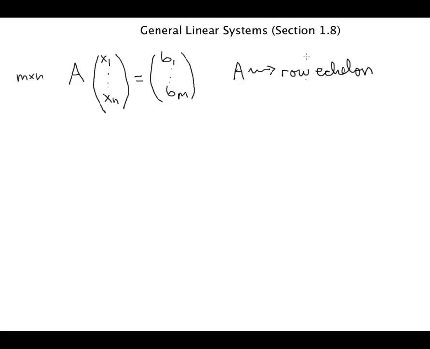So I haven't talked about this process yet, but it's just a generalization of Gaussian elimination. So I'm just discussing what happens when you get there. So let's assume that we've done that already, and this A is in row echelon form. And I want to say a general theorem about the structure of the solutions of such an equation. I'll state it as a theorem. The possibilities are the following.